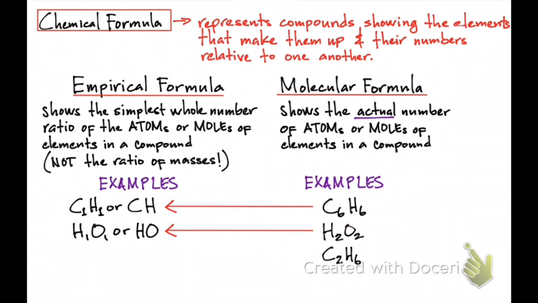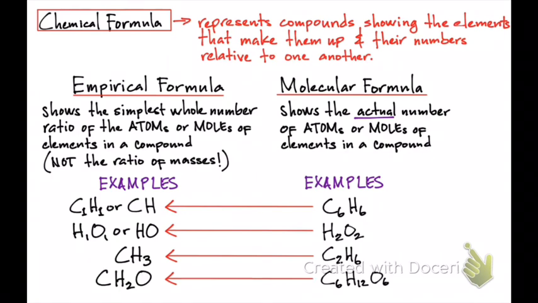If you divide both numbers by 2, you get C1H3, or simply CH3. The fourth example that I have here is sugar, or glucose. It's C6H12O6. You can simplify this further by dividing all numbers by 6, and so you get C1H2O, or simply CH2O. So that's the difference between molecular formula and empirical formula.